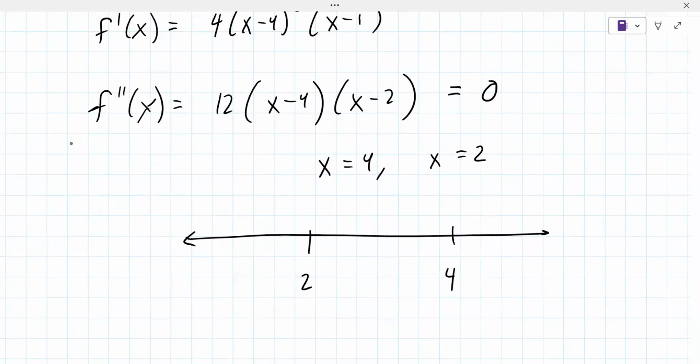Okay. So what I'd like you to do is test points in each region, 0, 3, maybe 5. We only care whether it's positive or negative, so you can get a number out if you want, but I only want to know whether it's positive or negative, please.